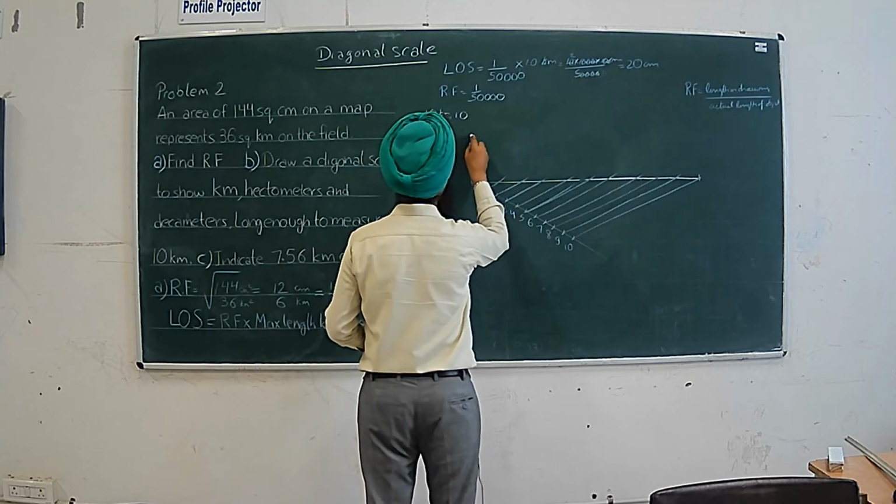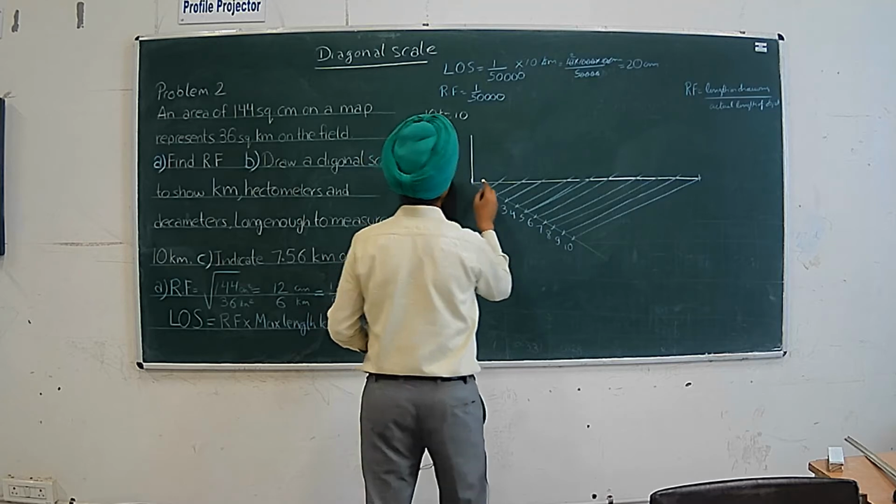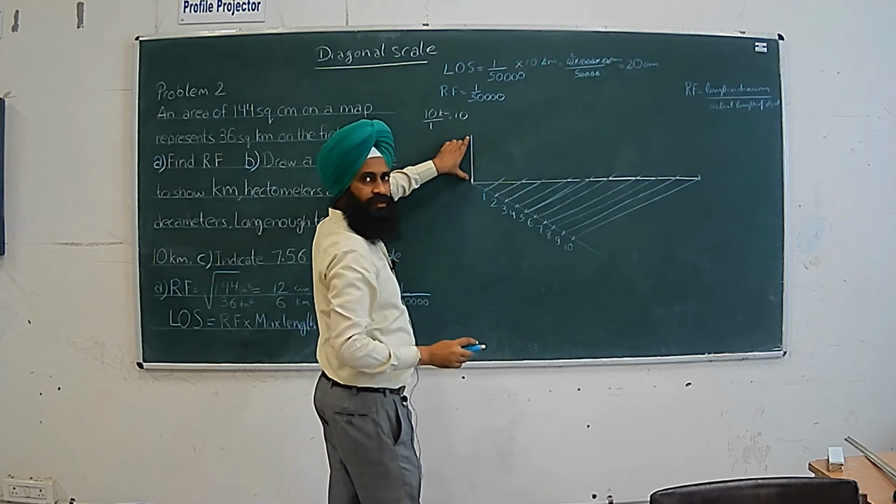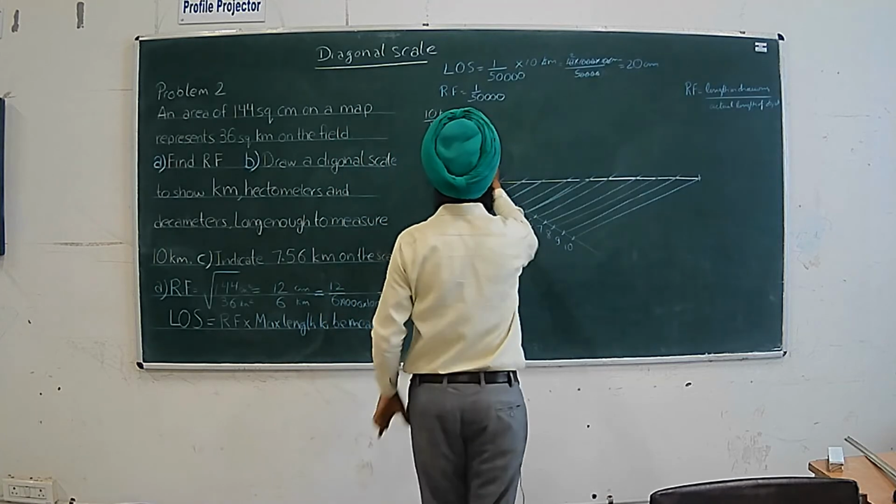Now complete the box for the diagonal scale. Take this as 40 to 45 mm.